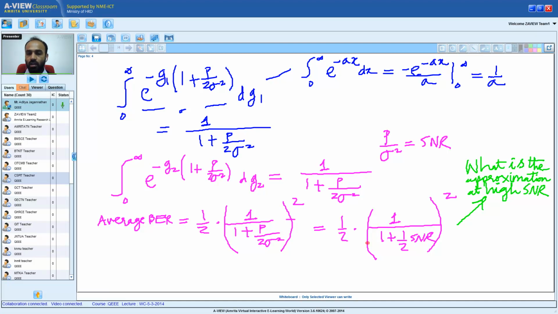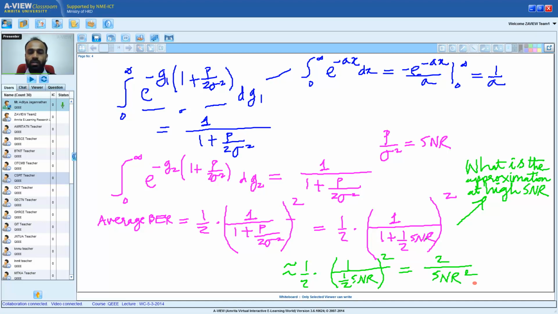Correct. At high SNR, look at this, I have 1 plus half SNR. So 1 is small compared to half SNR. So at high SNR, this is approximately equal to half into 1 over half SNR, whole square, which is equal to 2 divided by SNR square.